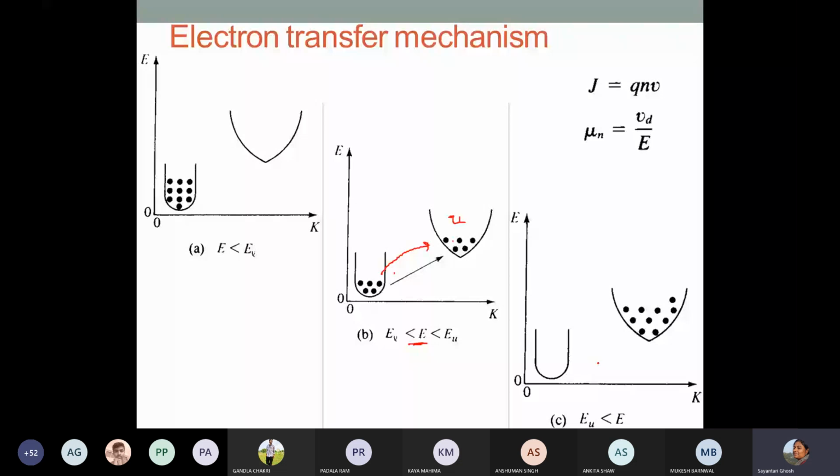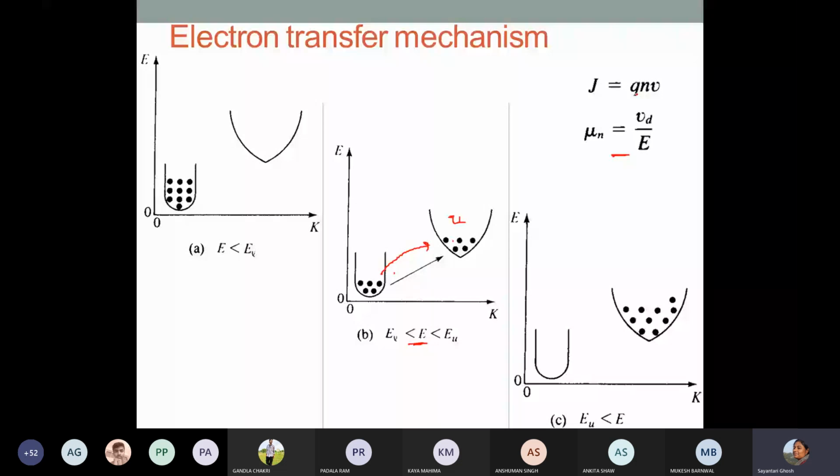J is the current density, and it is given by n e v, or n q v. n is the number, e is the electronic charge, and then the velocity. And mu is given by velocity over electric field. So if mu is changing, that means effectively v is changing, and if v is changing, then the current density is changing. That is the definition for mu, and that is the definition for J.